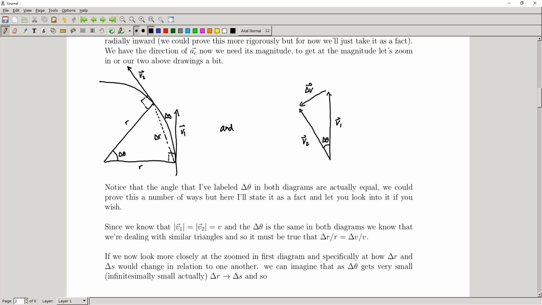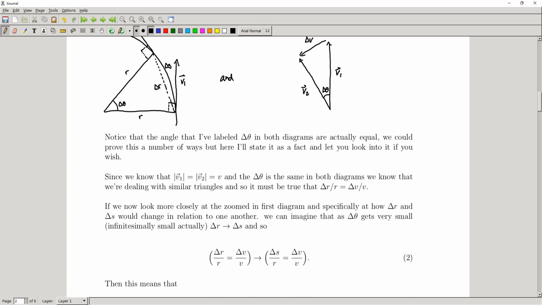That means that this ratio, delta R over R, has to be equal to delta V over V, and that's just because of similar triangles. If you would like to think about that more, maybe consider it later on, but for now we'll just move on and take that as a fact.